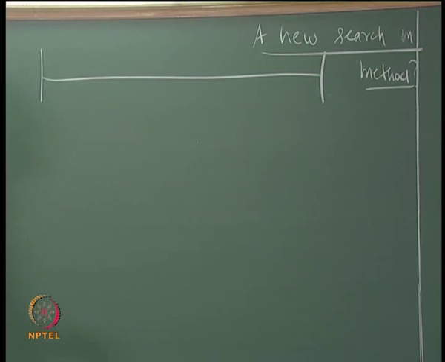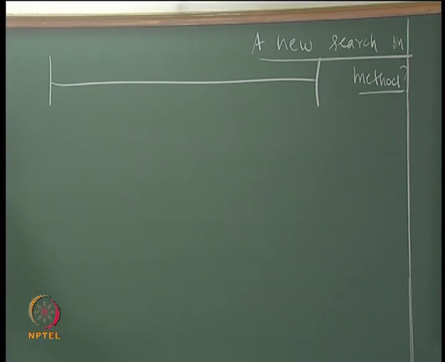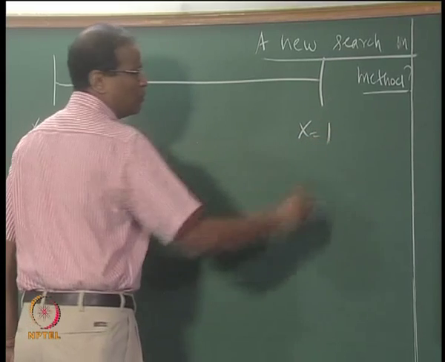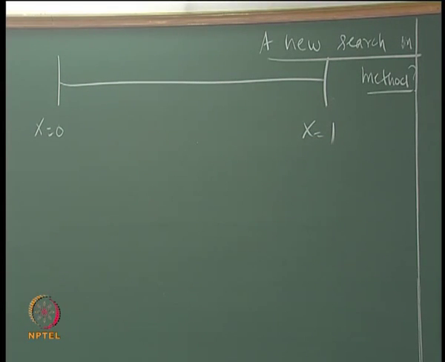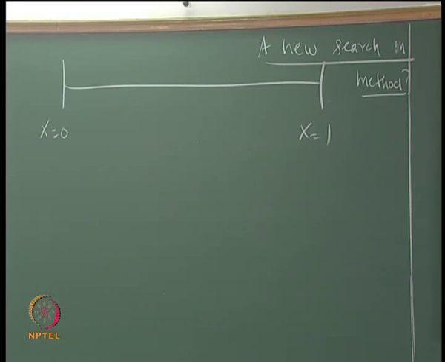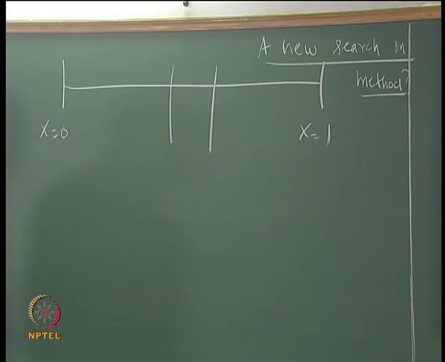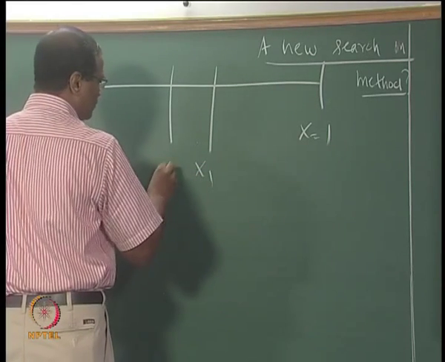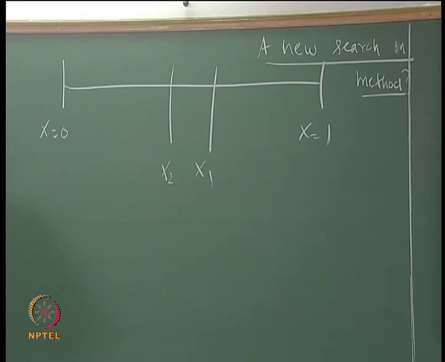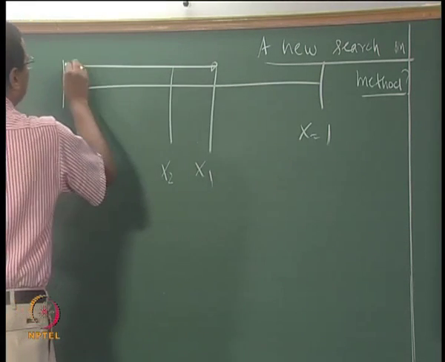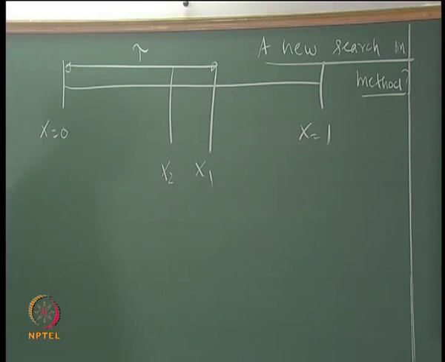So to make the problem tractable, instead of 0.5 meter to 3.5 meter for A and B, I can have it as 0 to 1 just for demonstration. So I say x equal to 0, x equal to 1 in appropriate units, meter, centimeter, kilometer, whatever, okay. I take 2 points, x1 and x2, and I say that these are a distance of tau from both the ends.